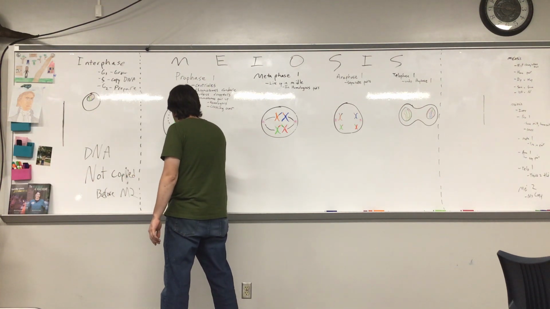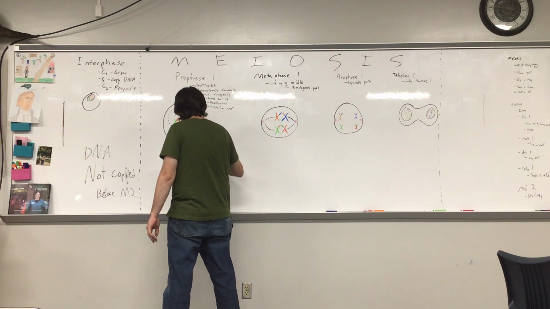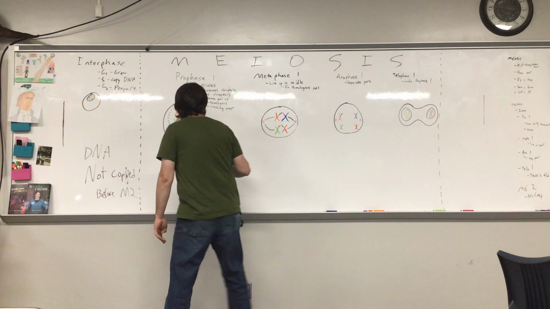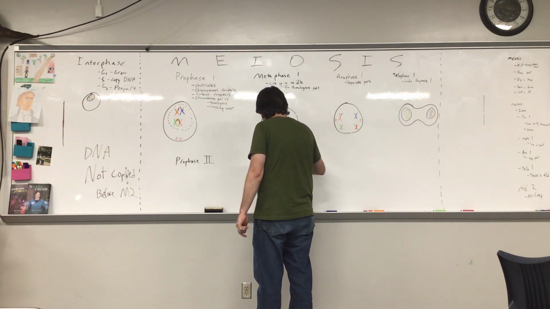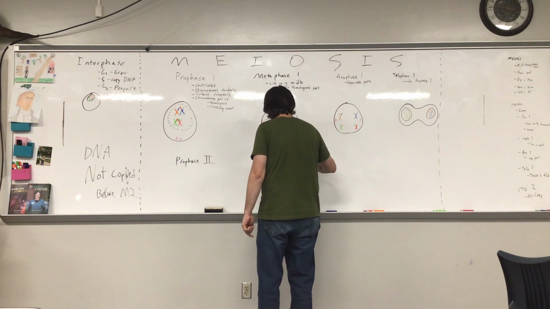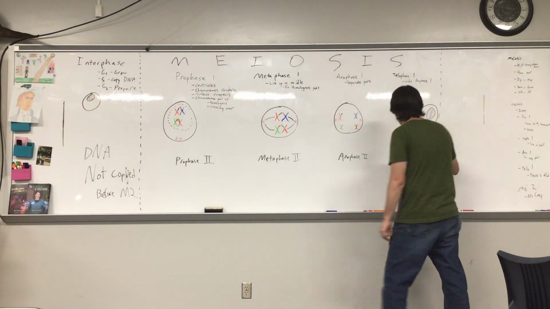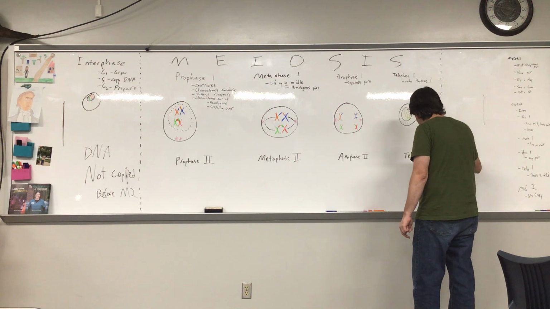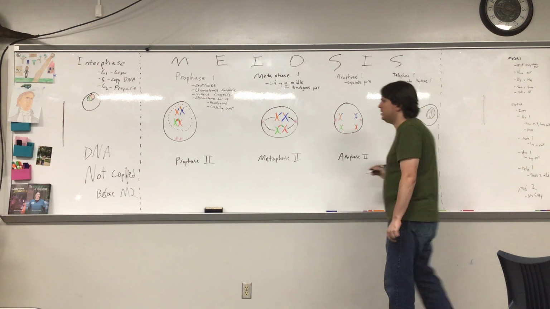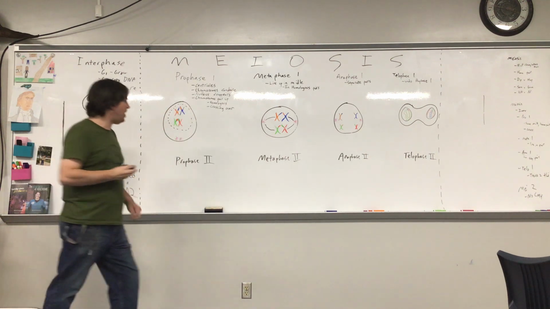And then you get prophase 2, metaphase 2, anaphase 2, and telophase 2. And they do generally the same that they do in mitosis.